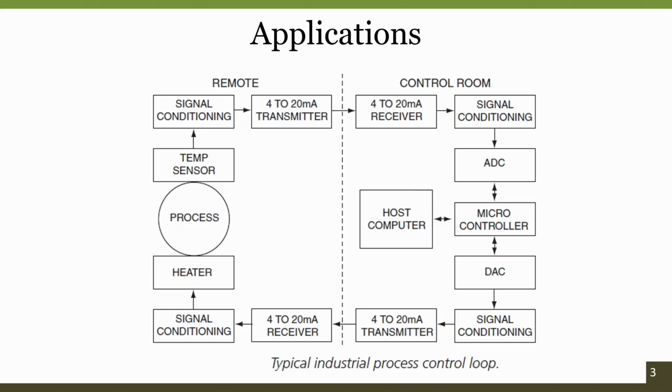But if you are looking for very good resolution data, you require some kind of bridge circuit to understand the mismatch between your input and output, and create a circuit such that the mismatch can be completely removed or compensated, right. That is nothing but your signal conditioning. But you may ask me a question, what is the need of a 4 to 20 milliamp transmitter and receiver when we are interfacing to an ADC?